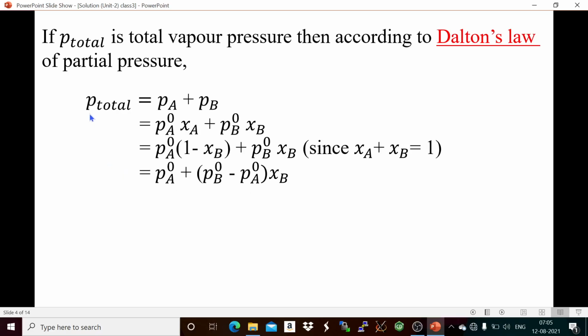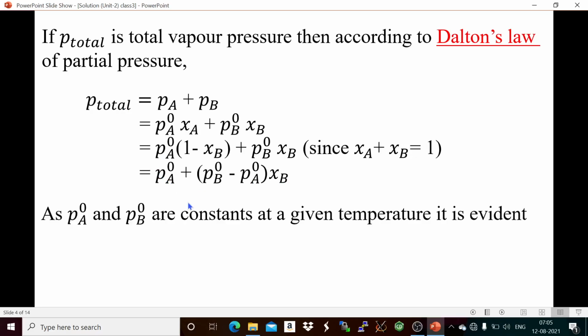Now if we draw a curve, pressure versus mole fraction of the component B, then we will get a straight line, y is equal to mx plus c. So we can say that PA naught and PB naught are constant at a particular temperature, because PA naught and PB naught are the vapor pressure of component A and B in their pure state.